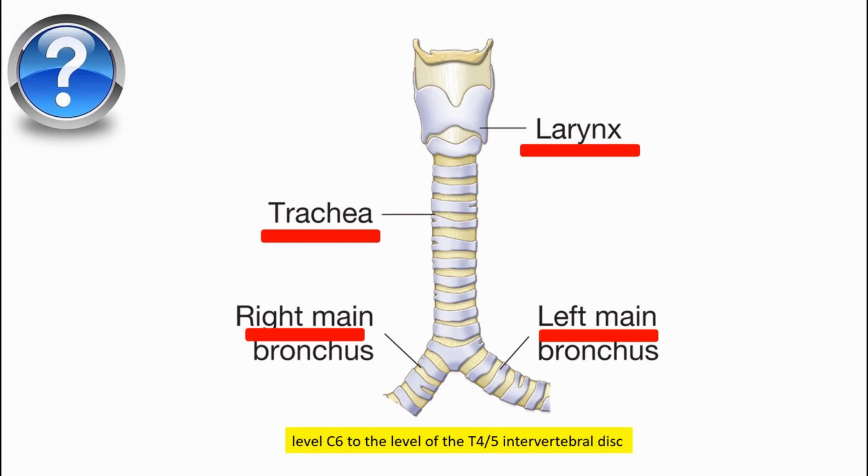This level of this disc represents the posterior part of a transverse section through the sternal angle. What is the sternal angle? It is the joint between the manubrium sterni and the body of the sternum.